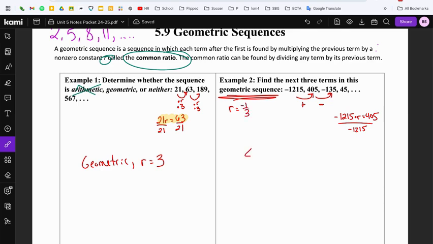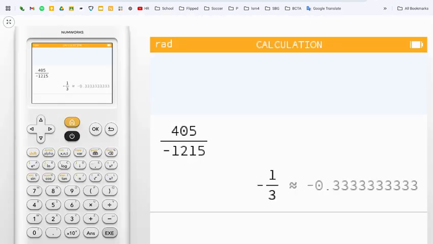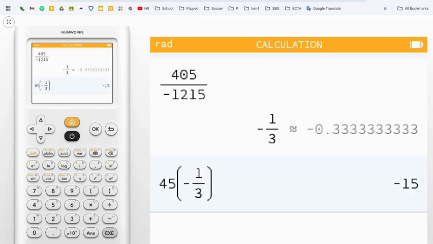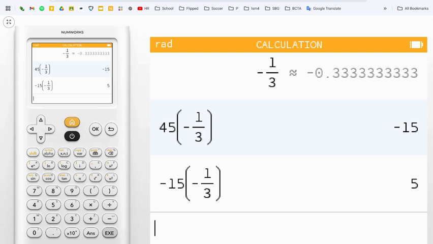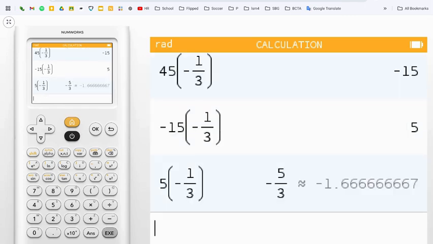So if I want to find the next 3 terms, we have 45. Let's take 45 and multiply it by that negative 1/3. And then multiply that by negative 1/3. And then multiply that by negative 1/3. And we can find our next 3 terms.